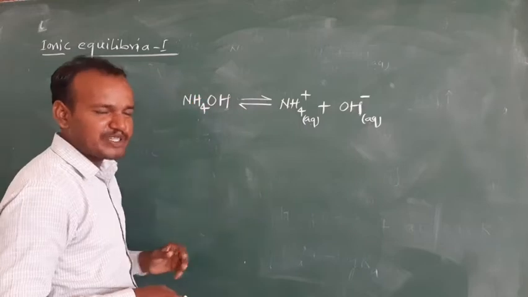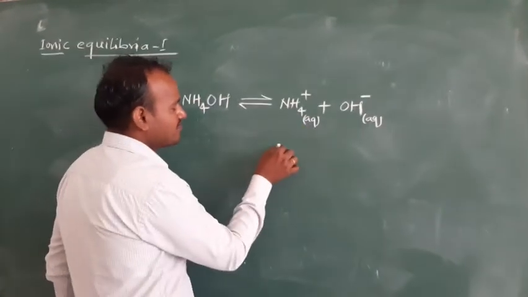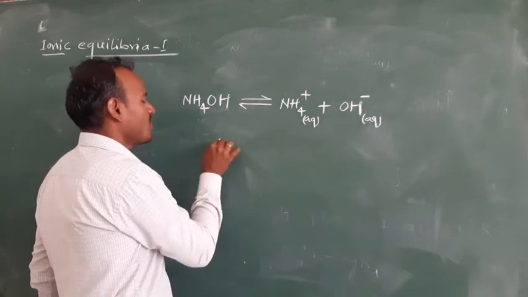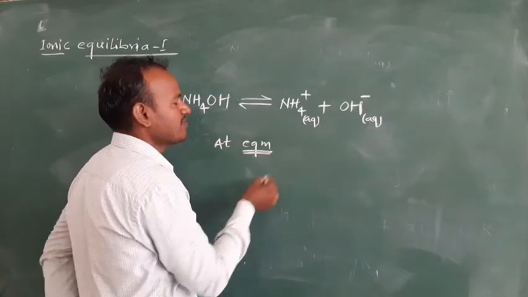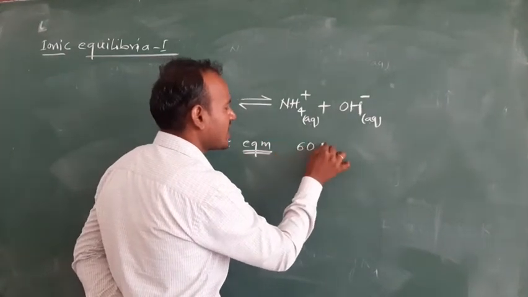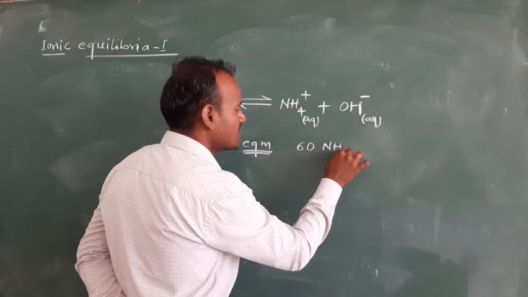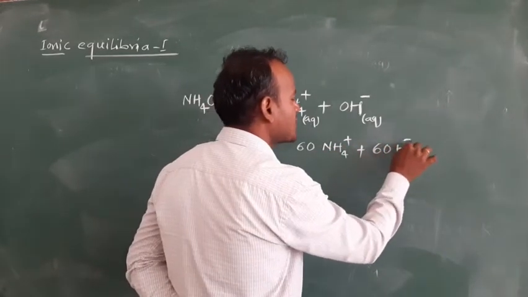Le Chatelier's principle says, suppose at equilibrium, say for example, there are 60 NH4 plus ions plus 60 OH minus ions.